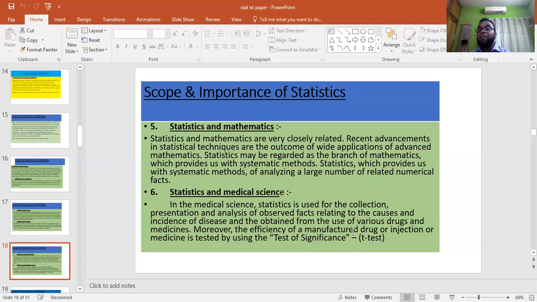Whenever we research any medicine or any disease, we collect the data, and this result must be tested by t-test, chi-square test, F-test, like this. So in medical science it is very important. And nowadays, since it is very important, another department from statistics is established. This is biometry, biostatistics.